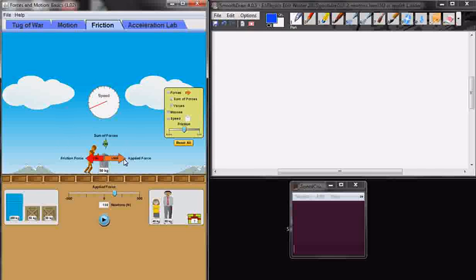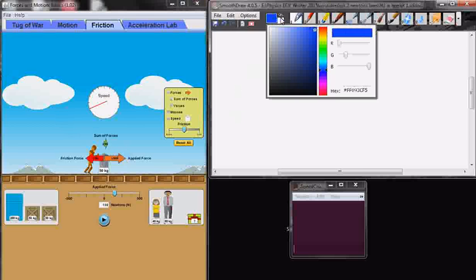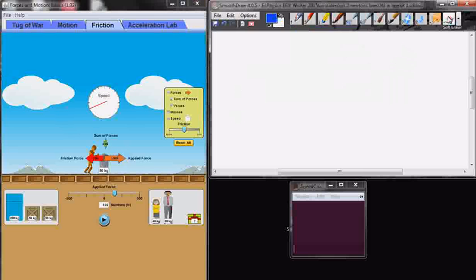The way we would draw this as a free body diagram would be like this. Okay, so here's the 50 kilogram mass, and let's draw all the forces on there.